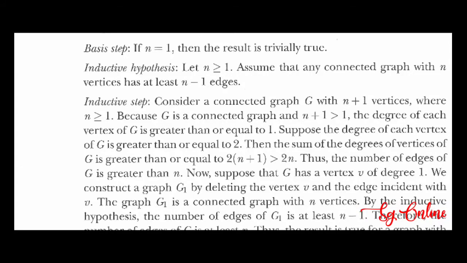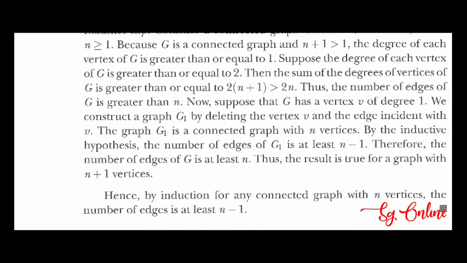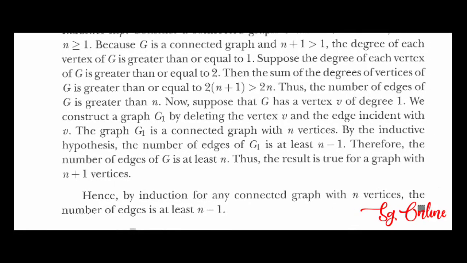Now suppose the graph has a vertex of degree 1. What we do is just delete the vertex of degree 1, and since it is a degree 1 vertex, if we delete it, only one edge is deleted.